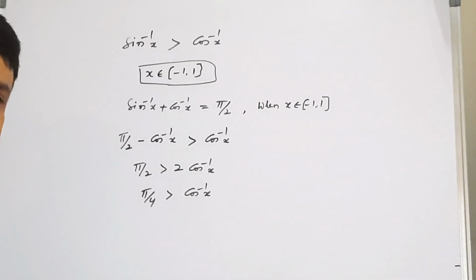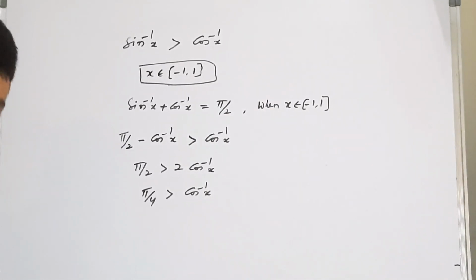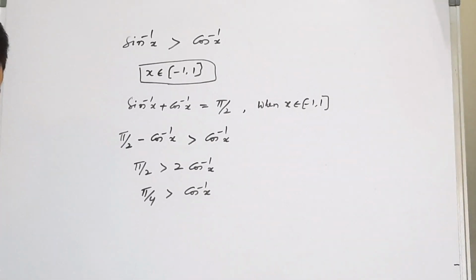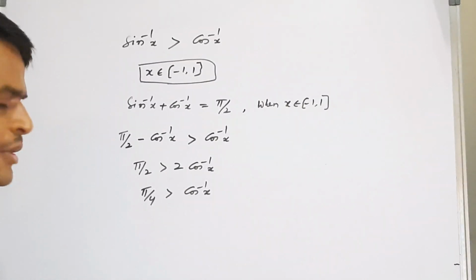In case of sin inverse x, it is completely increasing in the interval minus 1 to 1. But in case of cos inverse x, that's a decreasing function. Without knowing that, we cannot solve this question.